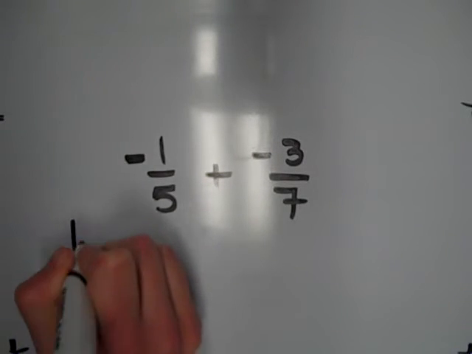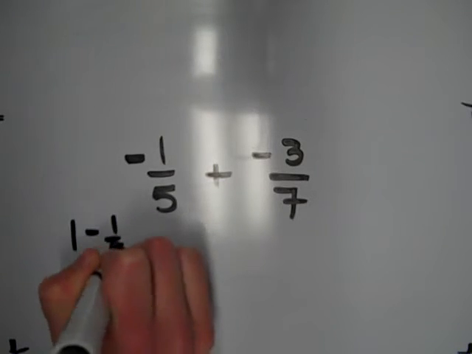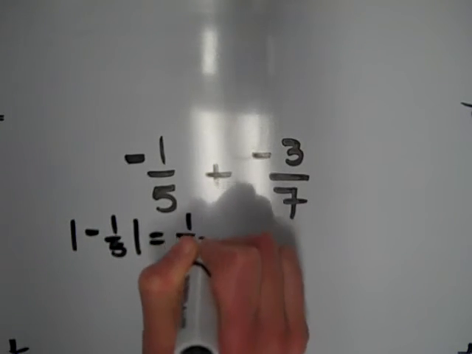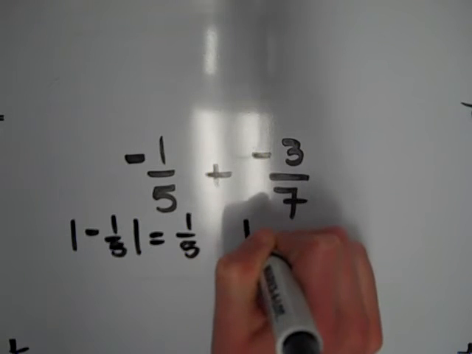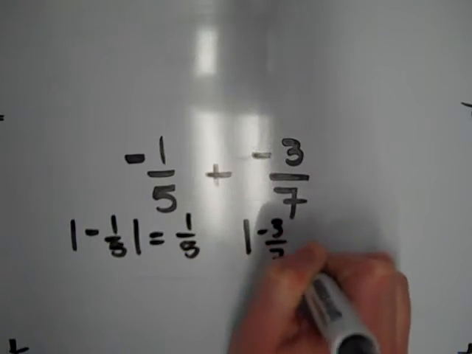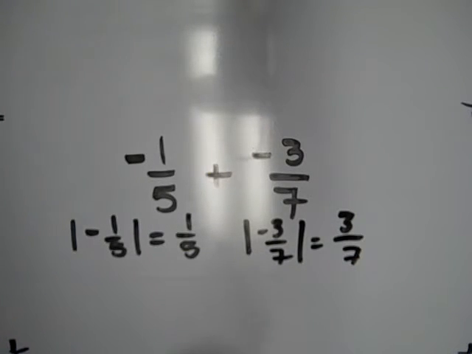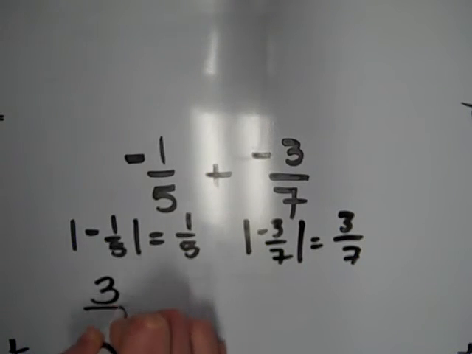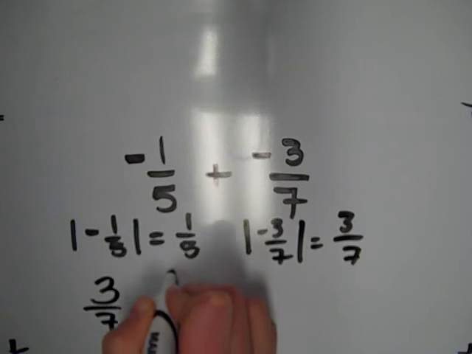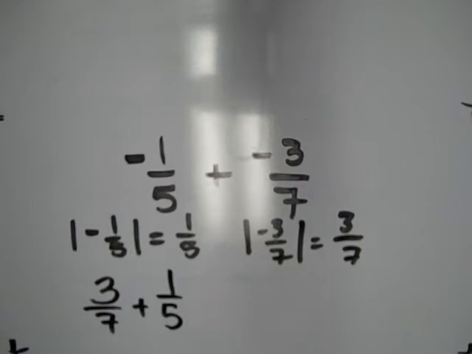So the absolute value of negative 1/5 is 1/5. The absolute value of negative 3/7 is 3/7. So I'm going to do 3/7 plus 1/5. Now, I can't add those unless they have a common denominator.